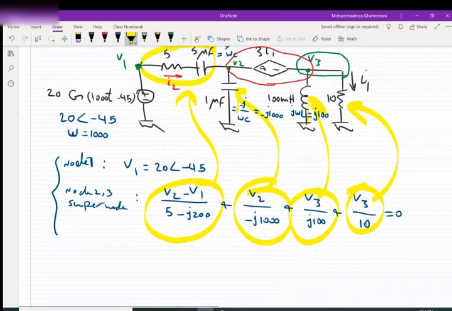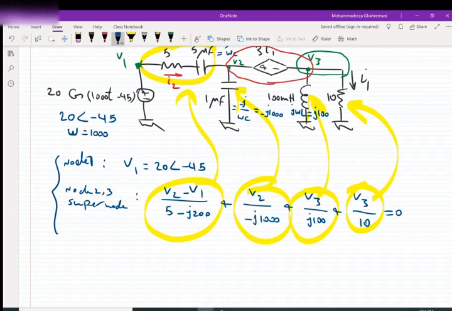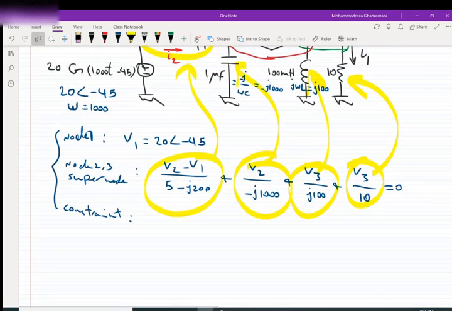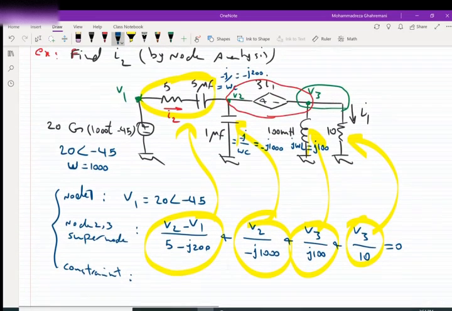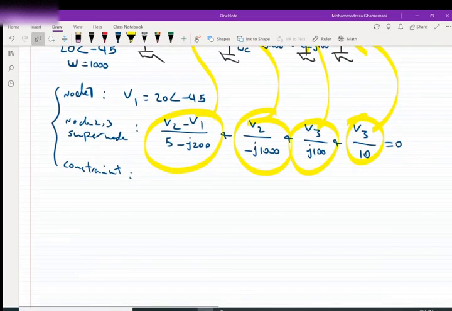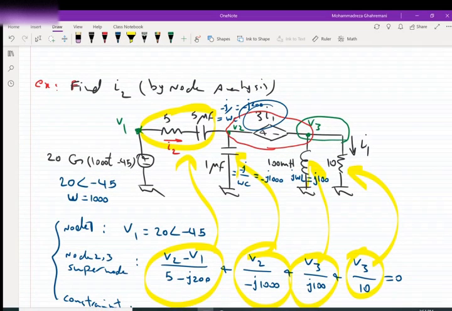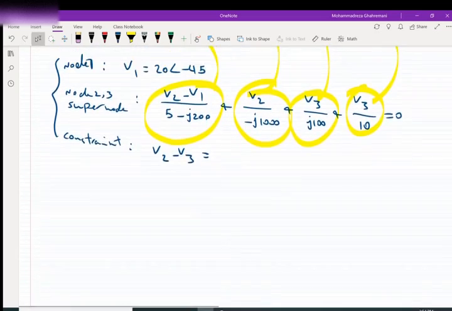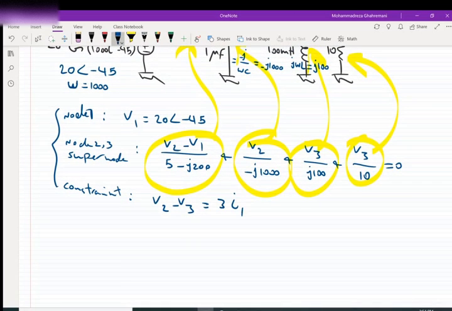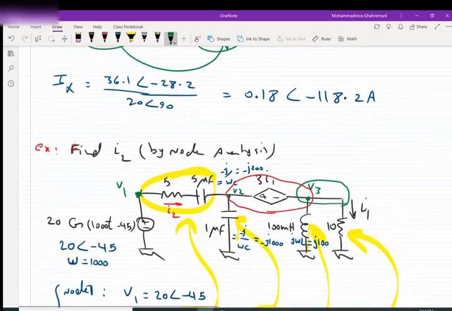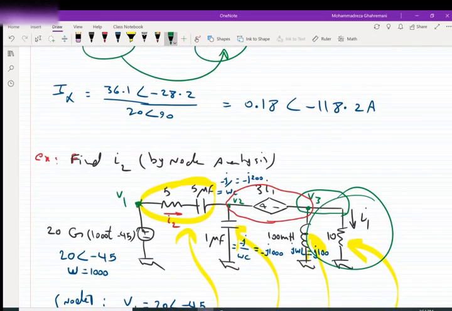The next thing is the constraint. We know that V2 minus V3 is equal to 3I1. What is I1? I1 itself is equal to V3 over 10.